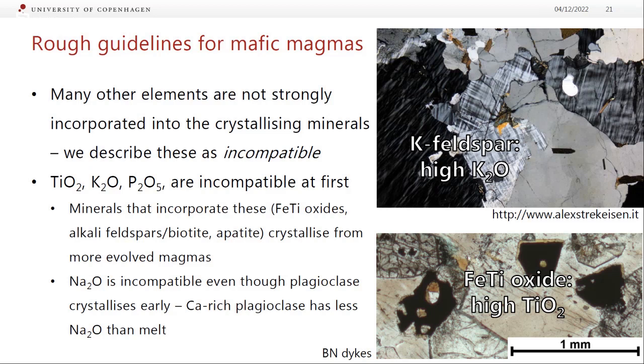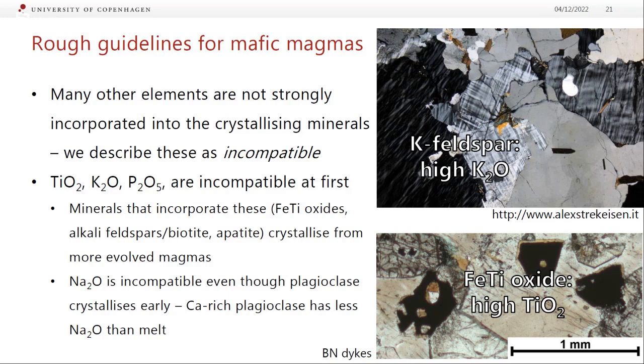Some of you would have seen those in the basalts in the practical: usually fairly big, opaque grains with slightly weird shapes. Potassium keeps going up until you crystallize something like potassium feldspar, which we can recognize from this cross-hatch twinning, or biotite in some magmas. And phosphorus keeps going up until something like apatite crystallizes. Apatite is a calcium phosphate mineral.